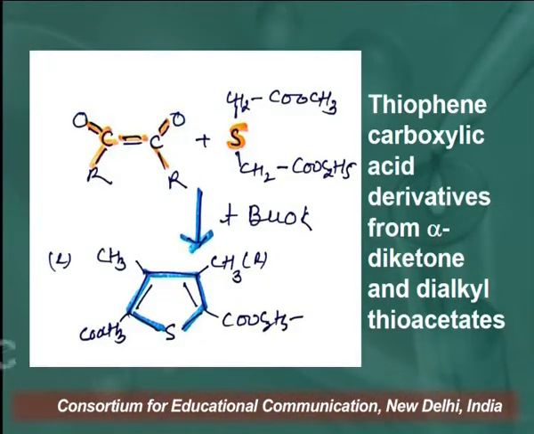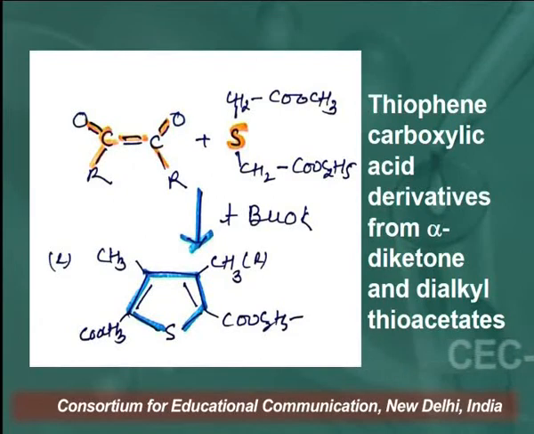On your screen you can see the diketone, and this diketone reacts with thiophene carboxylic acid. Here we can have carboxylic acid or esters or acid derivatives. On your screen there is an ester.